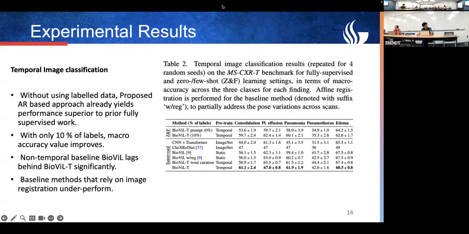And if you compare it with BioViL-T, which is the last row, you can see it jumped from 56 to 61 if you talk about consolidation, and similar results you can witness in pneumonia, edema, and other diseases. So baseline methods that rely on MS registration underperform. This is the third last row, BioViL with registration. So with MS registration techniques, still BioViL-T outperforms the other methods.